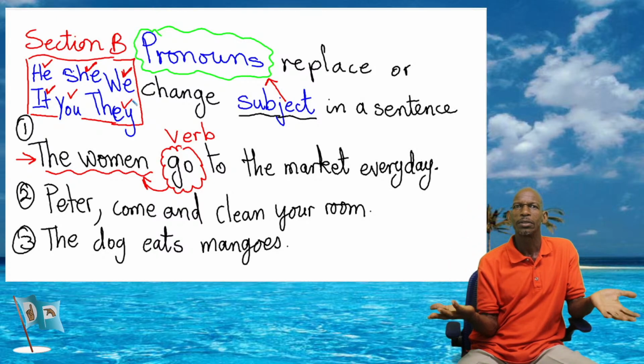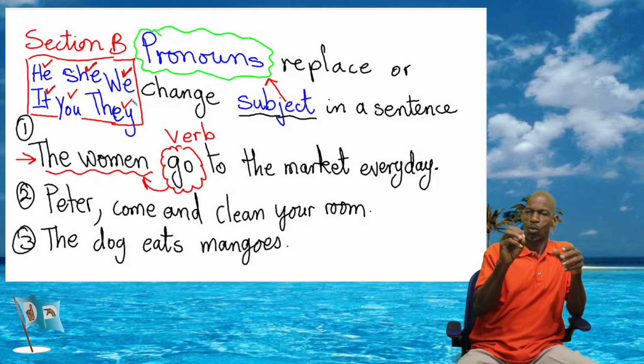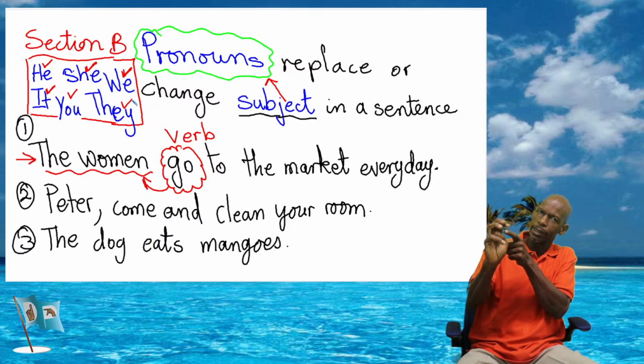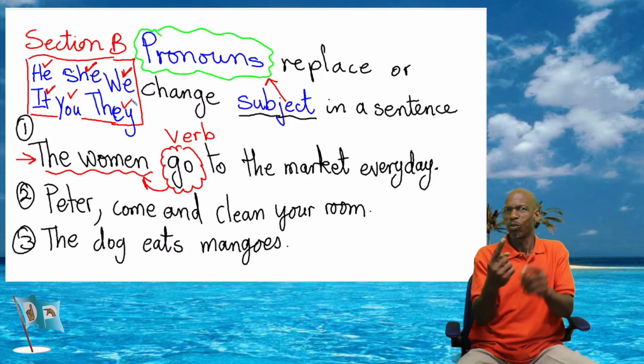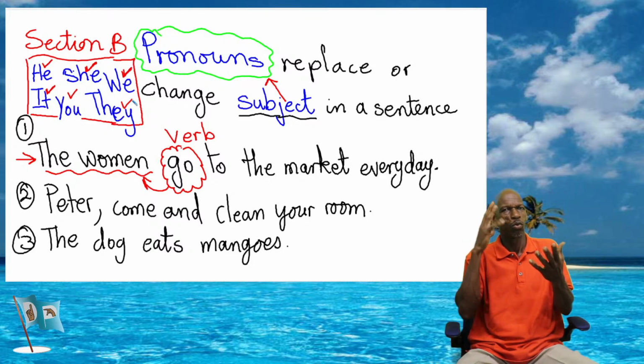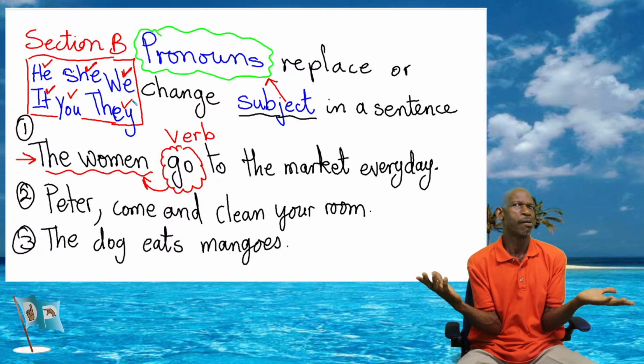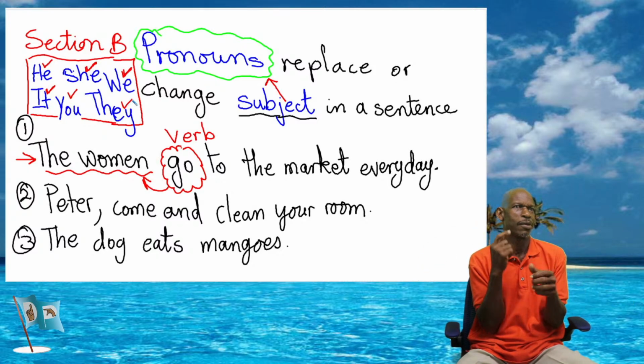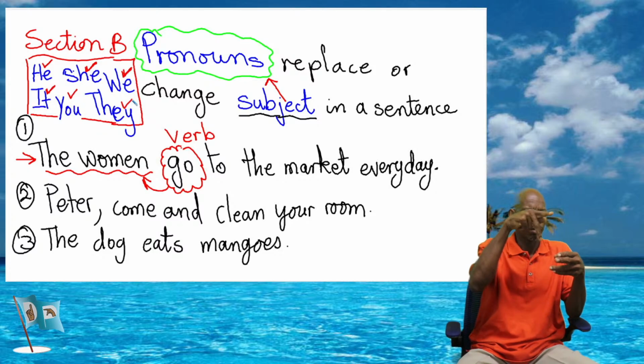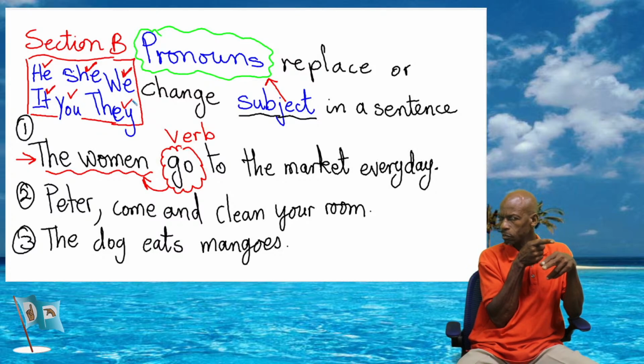So we have the woman. If you know that word, woman, it is plural. It means more than one woman, more than one lady. So we're searching for the pronouns that have more than one.